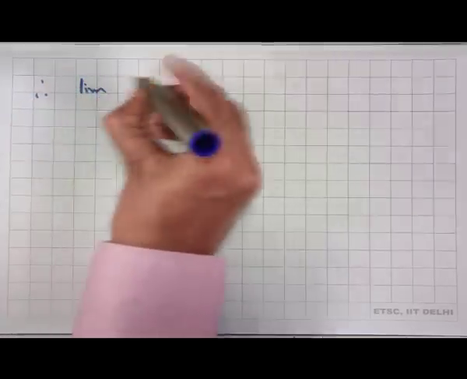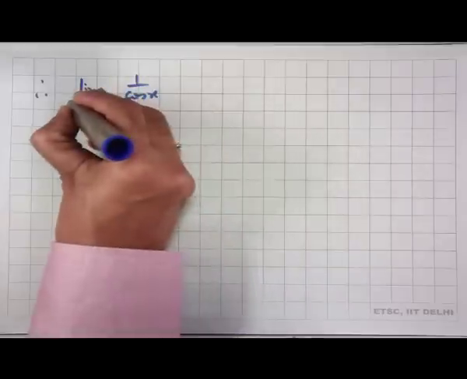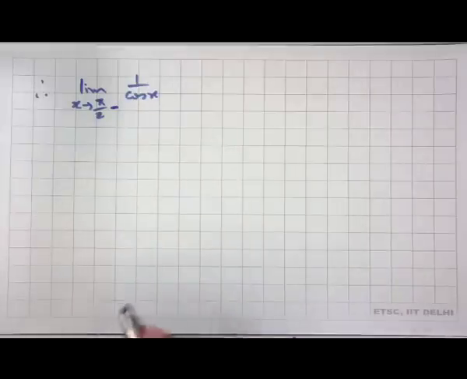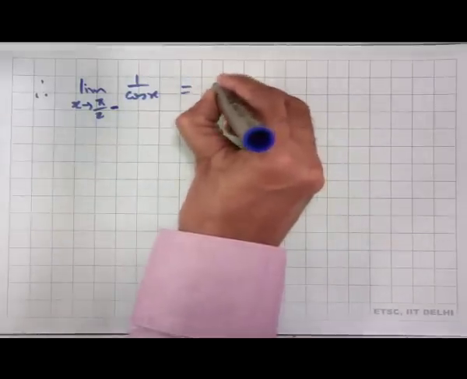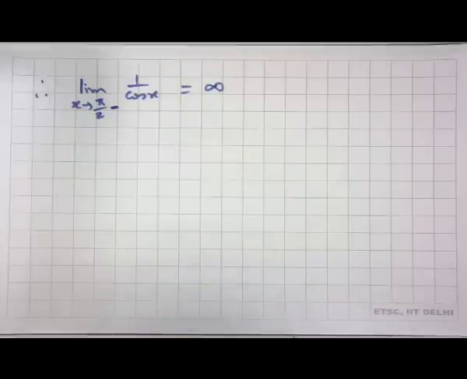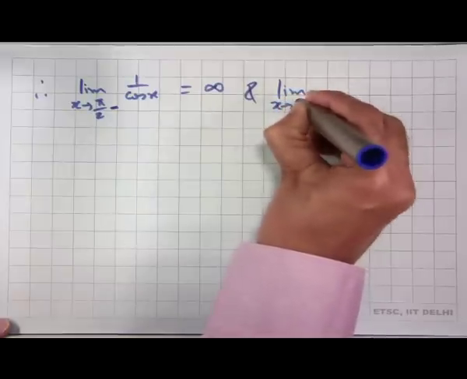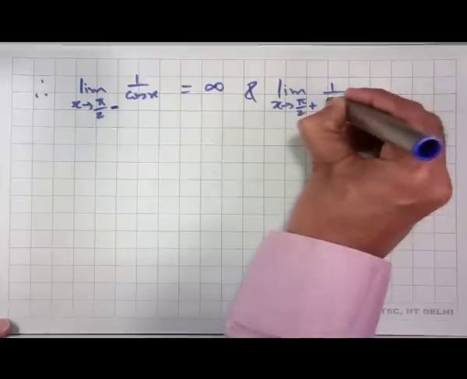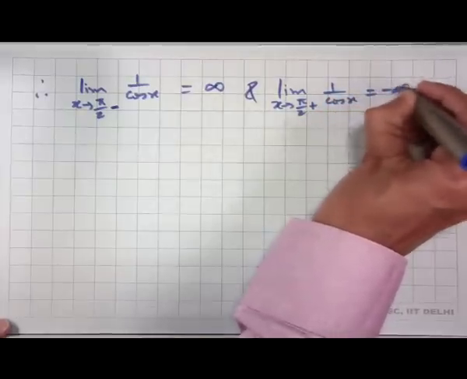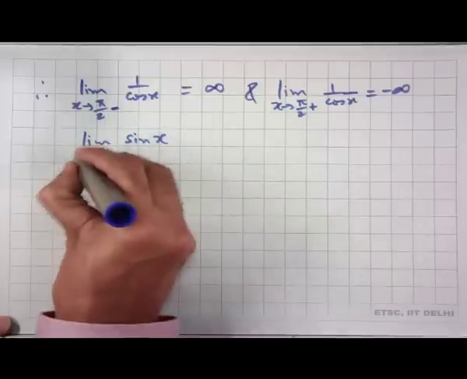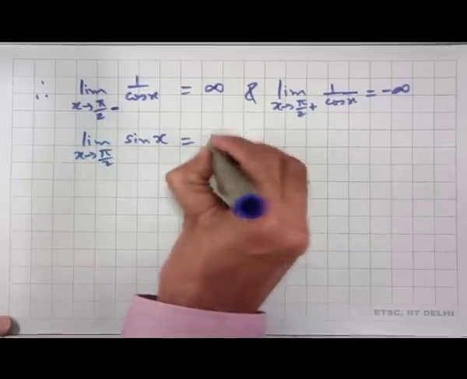So therefore, the left hand limit of 1 by cos x as x goes to pi by 2 will be equal to positive infinity, and the right hand limit of 1 by cos x is equal to negative infinity, and the limit of sin of x at pi by 2 is equal to 1.